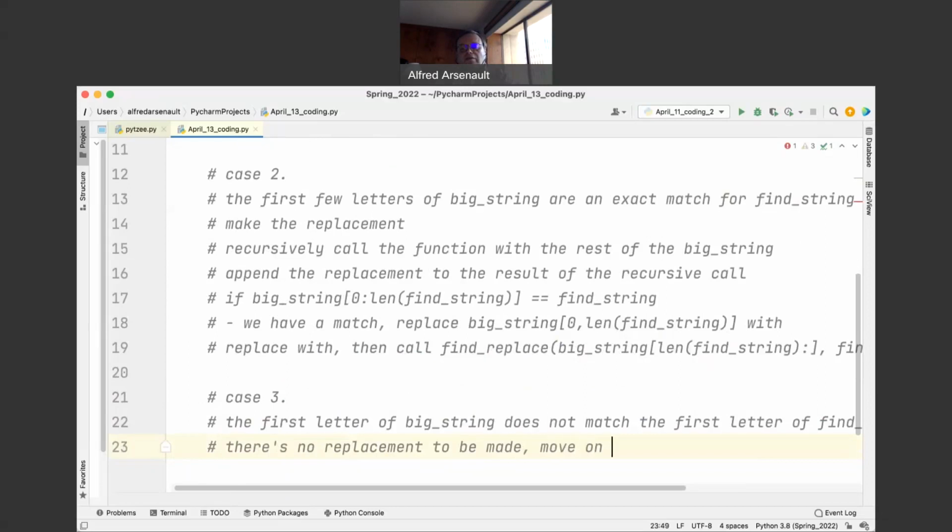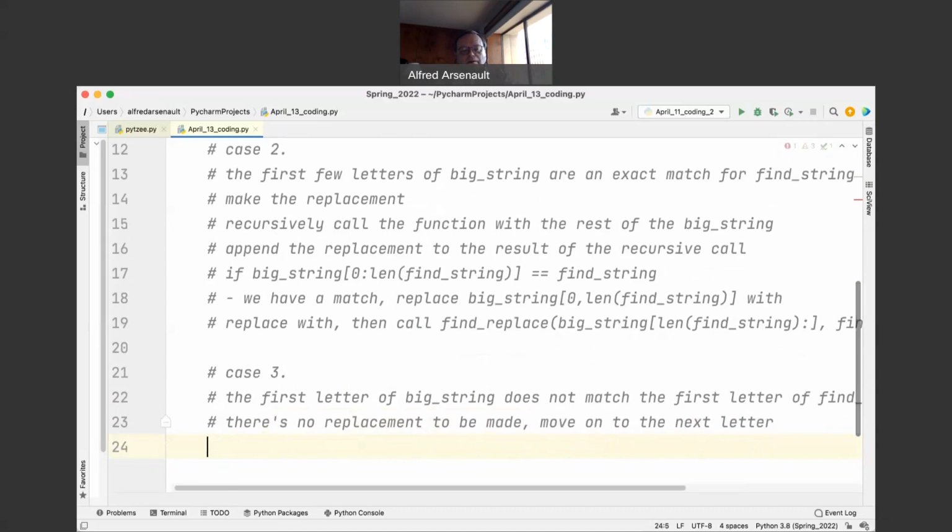Move on to the next letter and recursively call find replace with big string. Just drop the first letter. Just drop the 0. Again, this is the hint in the assignment.